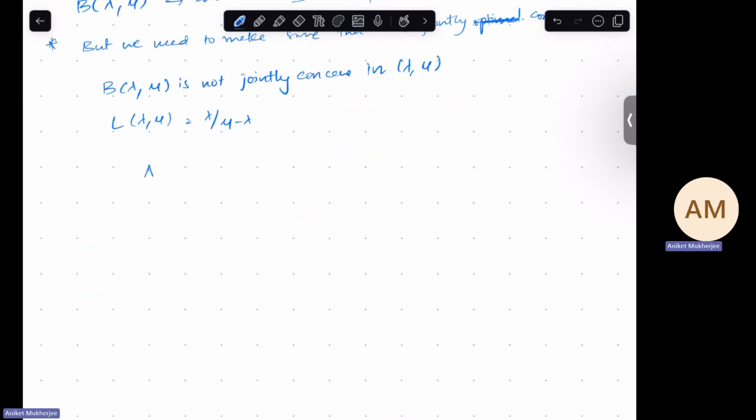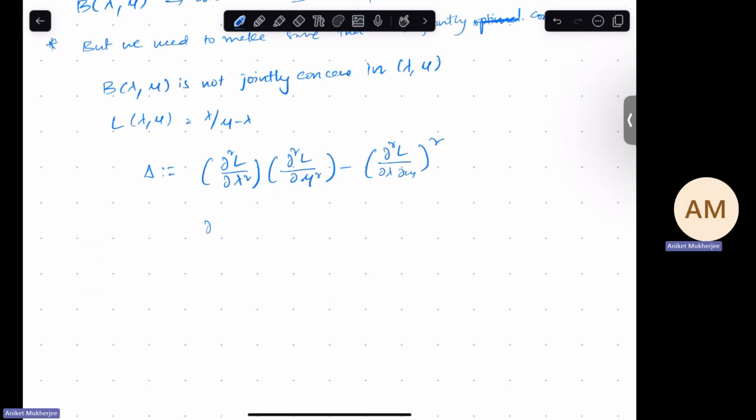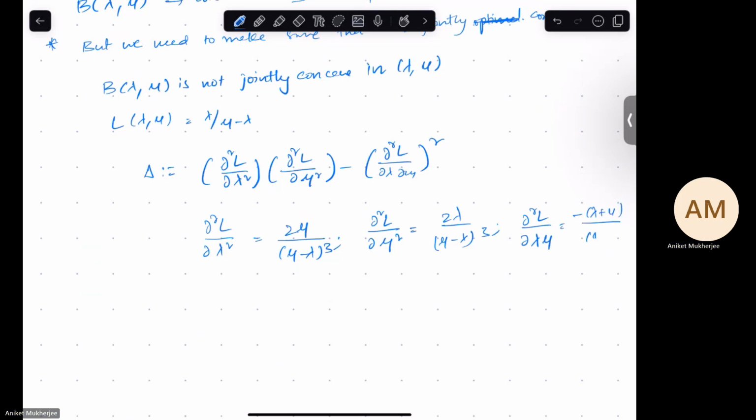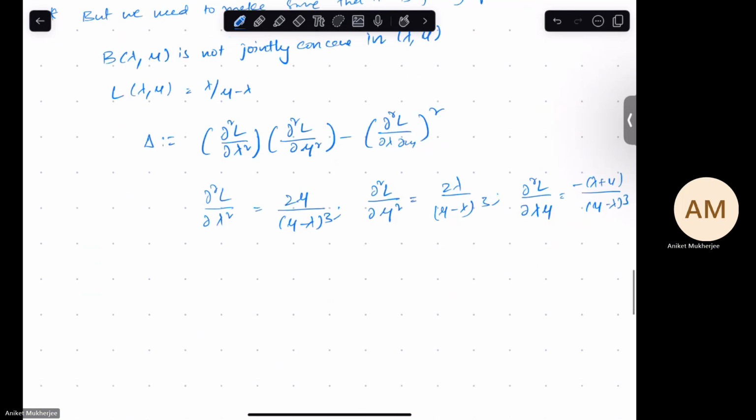For joint convexity, what we check is we find delta, which is the second derivative of L with respect to lambda squared into the second derivative with respect to mu squared, minus the square of the mixed derivative. So the second derivative of L with respect to lambda squared is 2 mu by (mu minus lambda) cubed. The second derivative with respect to mu squared is 2 lambda by (mu minus lambda) cubed. The mixed derivative is minus (lambda plus mu) by (mu minus lambda) cubed.